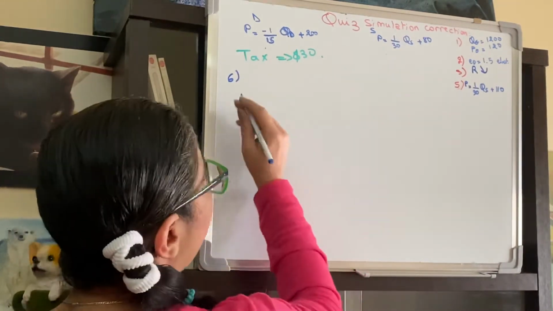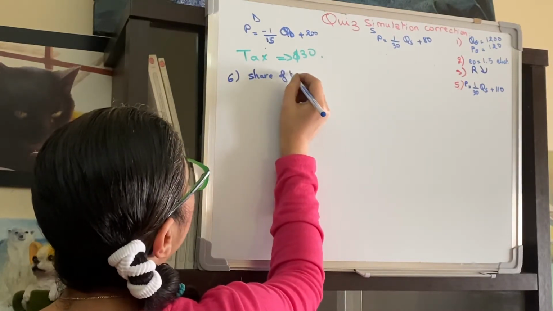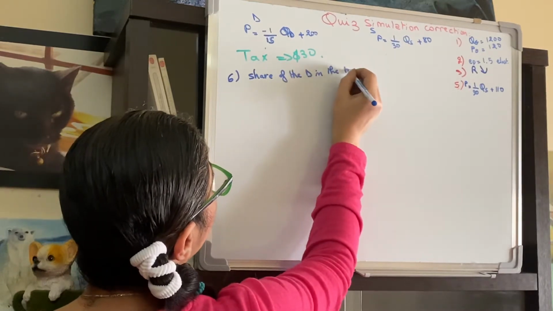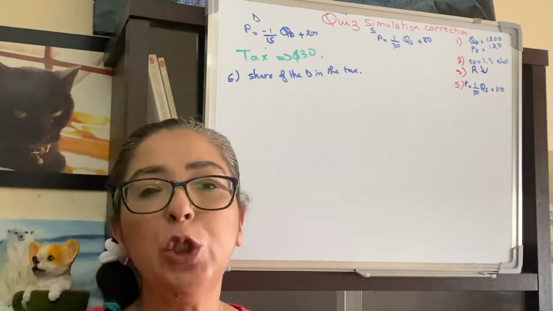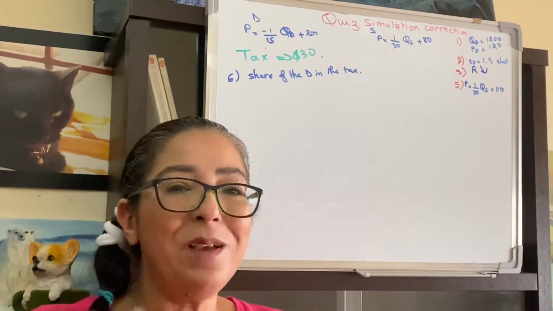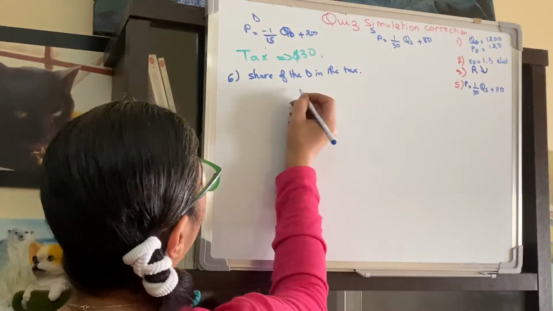Okay, question 6. Share of the demand in the tax. What is the share of the demand? So as usual, you put the formula in front of you and then you see what's missing and you look for it. So how do I calculate the share of the demand?